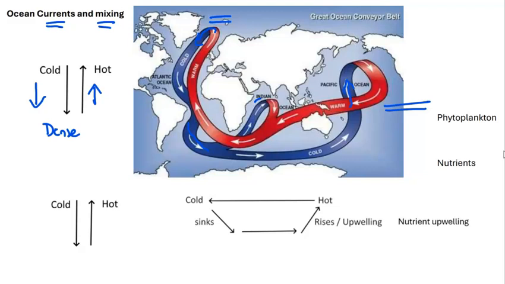Now, of course, if we increase the atmospheric temperatures, then we will disrupt these cooling processes, and the normal circulation, as can be shown here in this diagram, becomes disrupted.